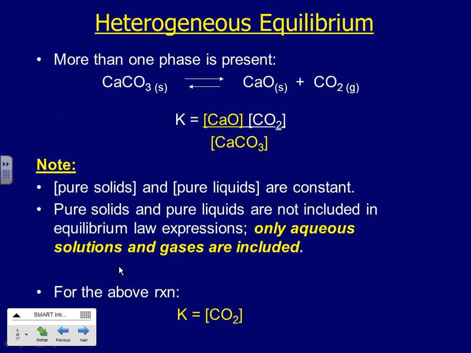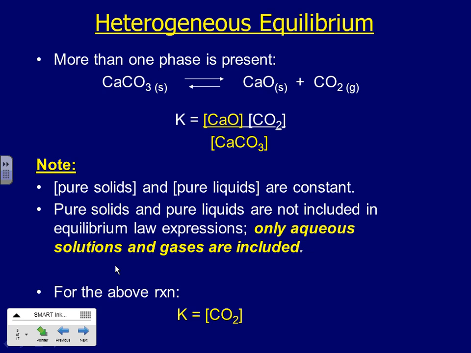We only include gas or aqueous phases, and that's because pure solids and pure liquids have constant concentrations. And I did a very quick calculation to illustrate that to you the last day. The example I used was liquid water, and if we start with the density of water, 1 gram per milliliter, you could easily calculate what that moles per liter value is. It's around 56 moles per liter.